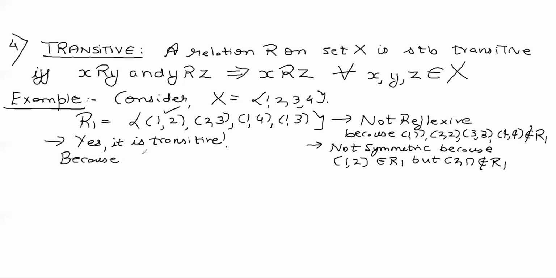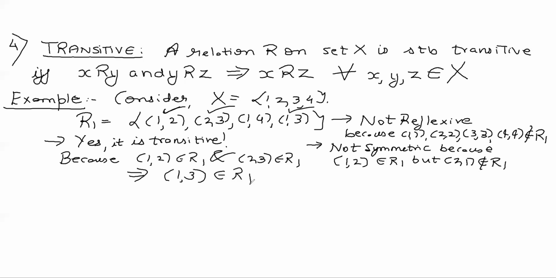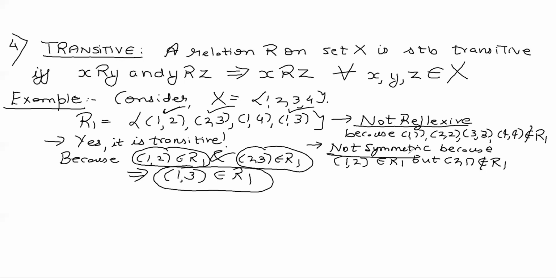Because (1,2) belongs to R1 and (2,3) belongs to R1 implies (1,3) also belongs to R1. X is related to Y and Y is related to Z implies X is related to Z. So this relation is not reflexive, not symmetric, but it is transitive. So I hope students have understood that.